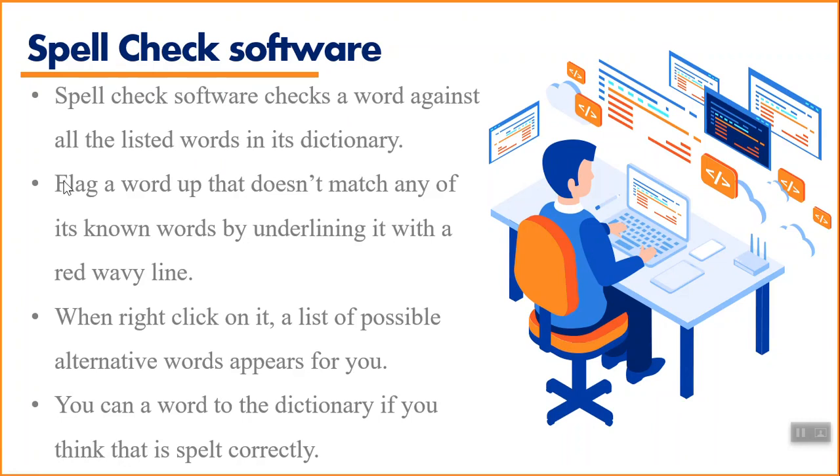If there is an error, it flags a word that doesn't match any of its known words by underlining it with a red wavy line. And when you right click on it, a list of possible alternative words appears for you to select and change it.